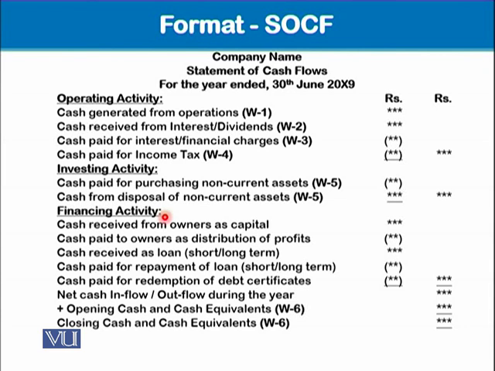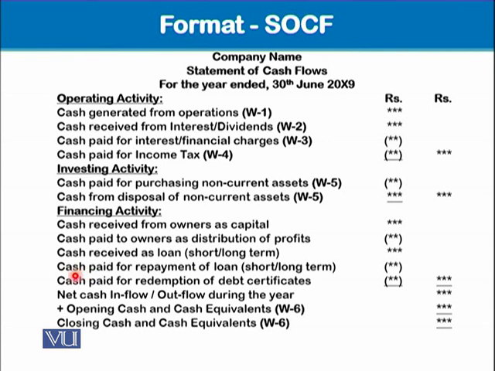It covers cash received from owners as capital, their contribution in the business, and cash paid to owners as distribution of profit. This is in fact the dividend paid. As I was saying, dividend paid can be presented in financing activity, or it can also be presented as an item of operating activity. We will discuss this concept in a later module.